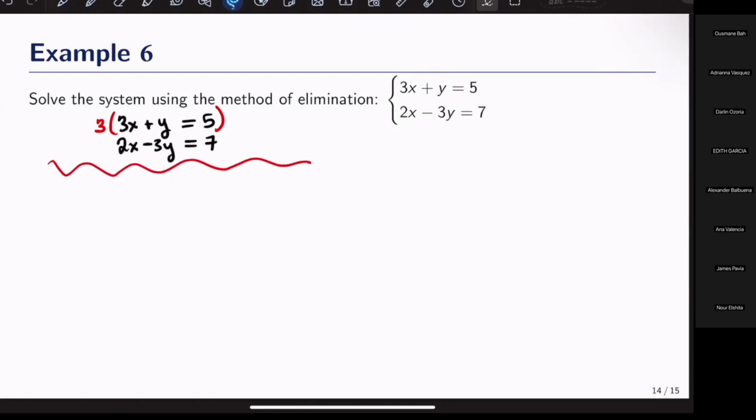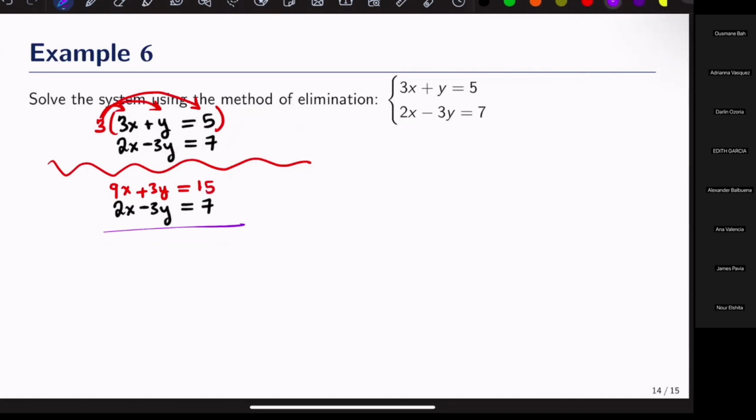That second equation now is staying exactly the same. But that first equation, again, you're distributing that 3 to each of your terms. So you get 9x plus 3y is equal to 15. And then you're going to go ahead and add these both up.